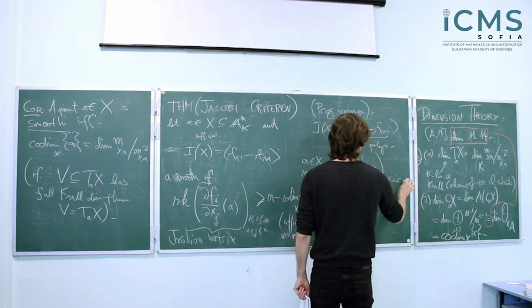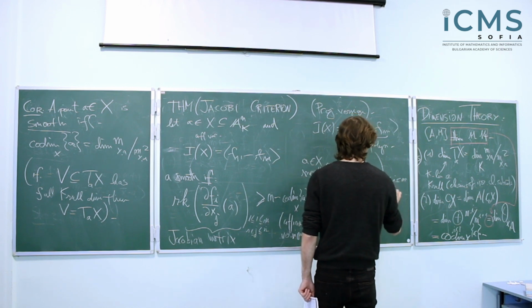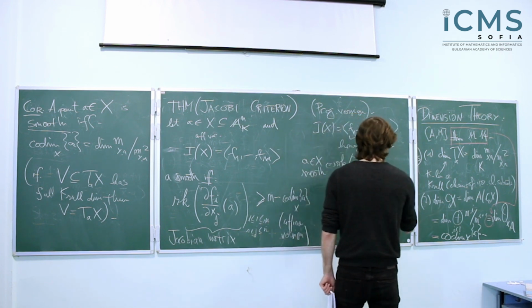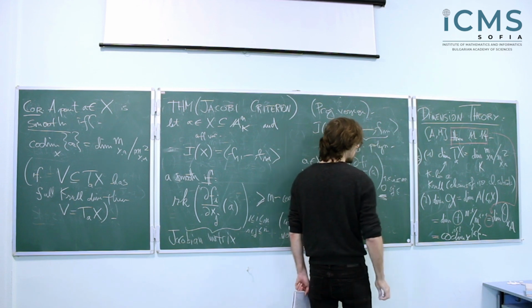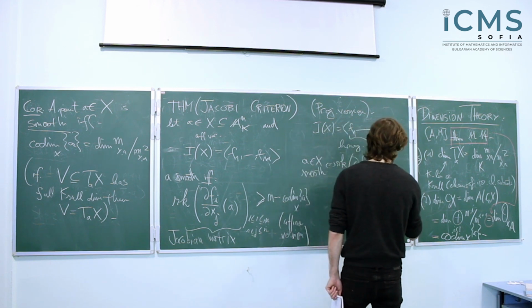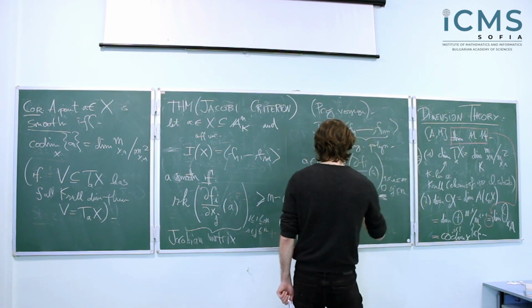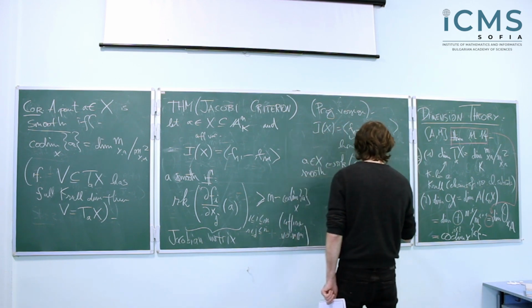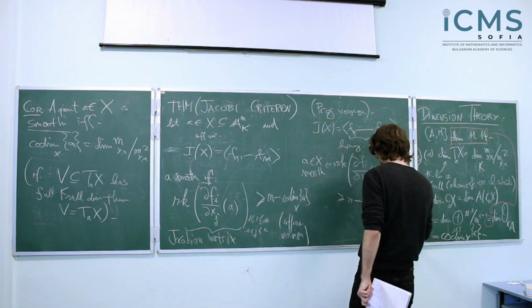So we have m components, but the difference is that we will have an extra variable that we need to take into account, like that. But it also needs to be bigger than the same quantity in the affine case.